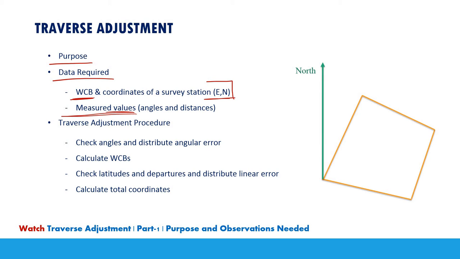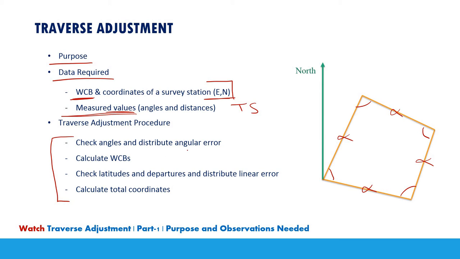I also explained that you need to measure the internal angles of your traverse, and the distances between each two stations, using a total station. After that, I provided some information about the main stages for solving a traverse, and today I'm going to go through the solution in detail.